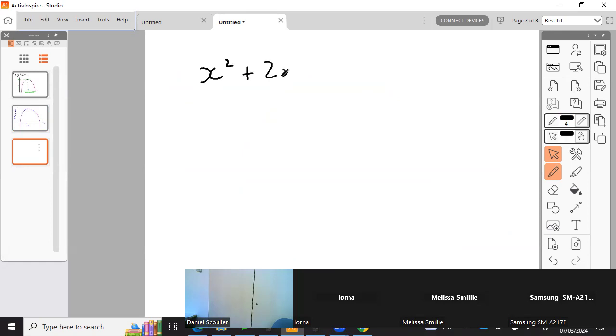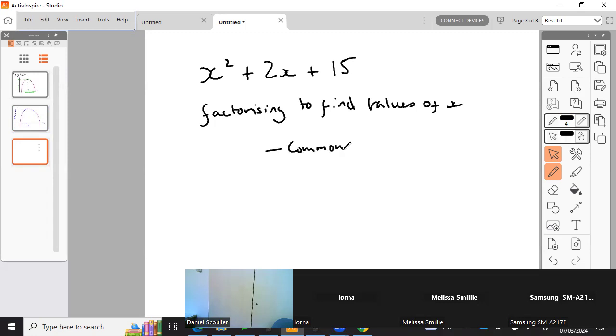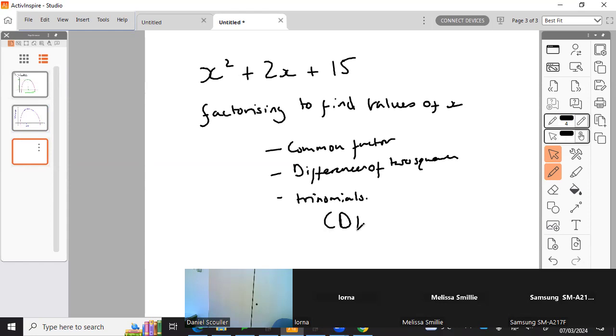So when we were doing things like that, and we were working out the factorizing to find the values of x, when we were doing factorization earlier, a common factor, difference of two squares, and our trinomials, that's the CDT process.